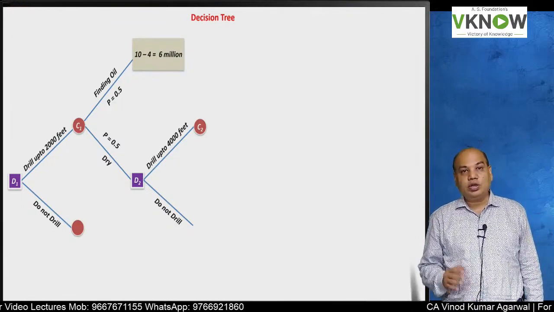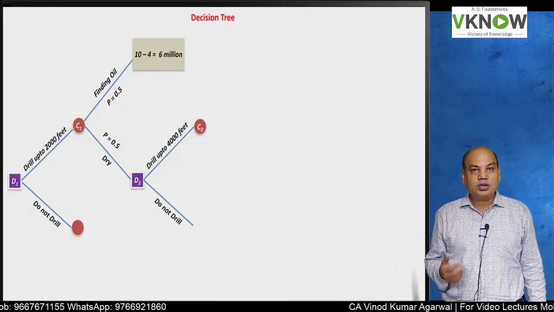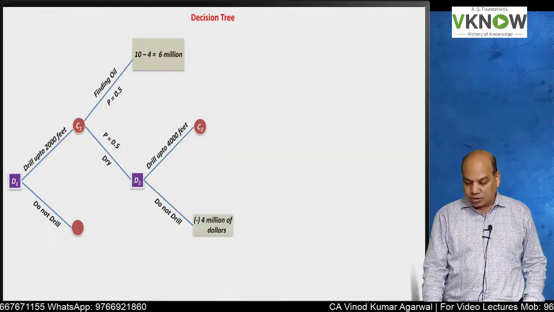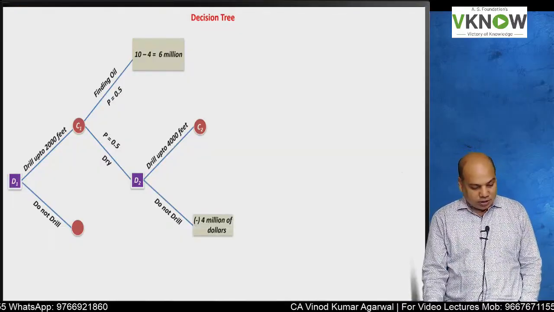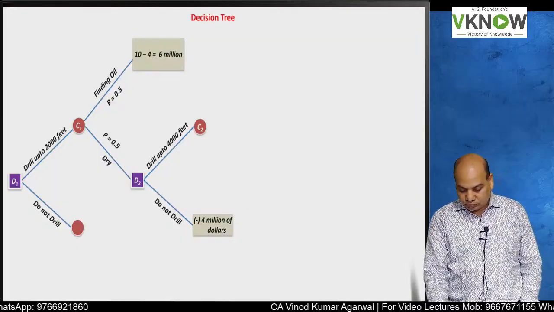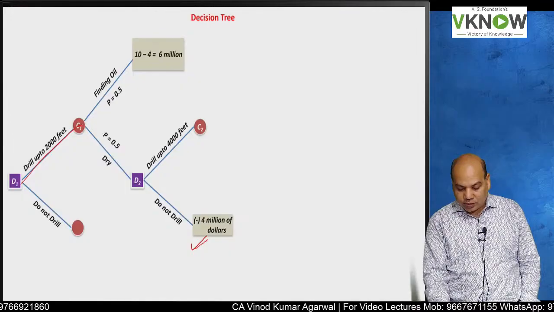Now if I do not drill, my diagram will not move further, but if I drill further, then there are 2 possibilities. And if I do not drill, whatever cost I have incurred is my loss.